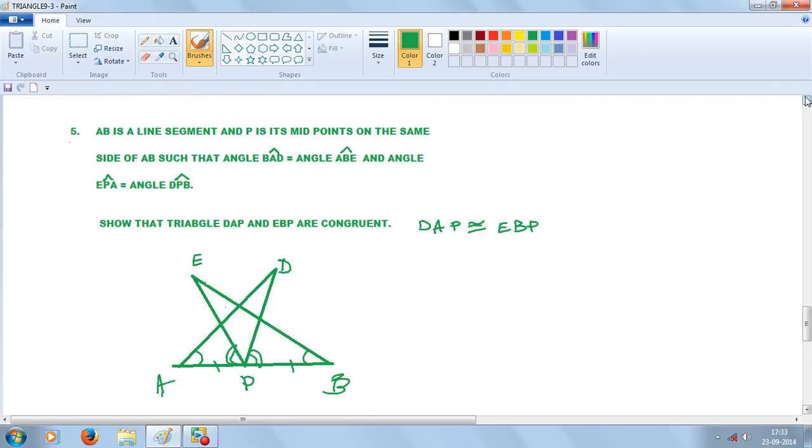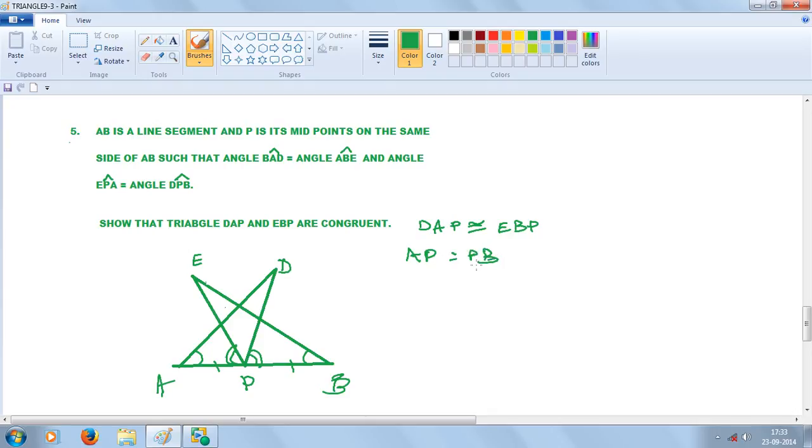AB is a line segment, and P is its midpoint. Midpoint means the first clue is given: AP is equal to PB.